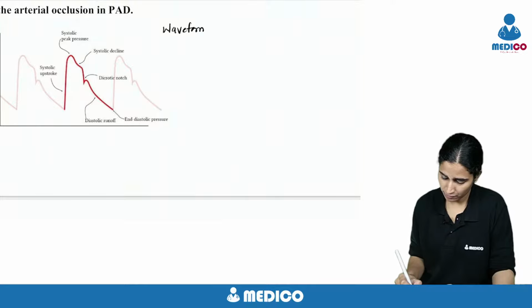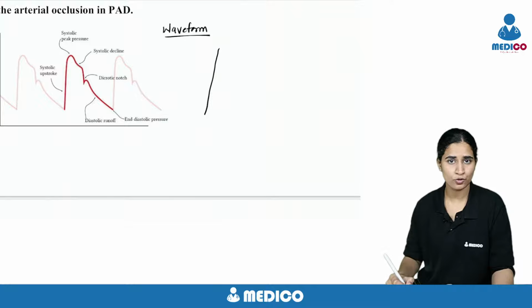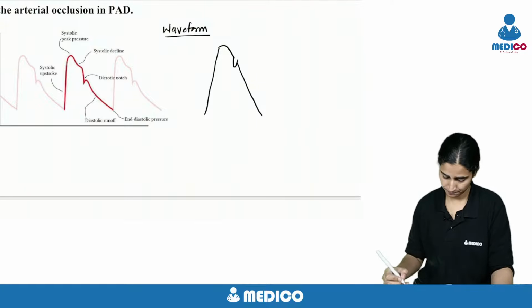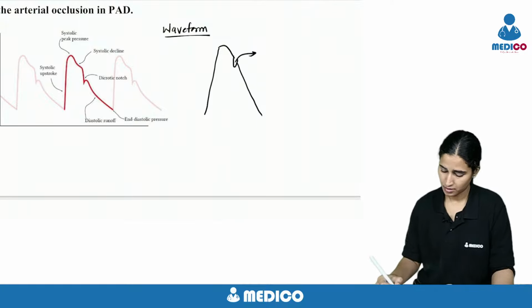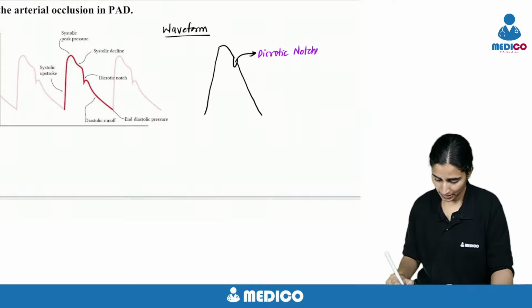This is a waveform of a normal pulse, in which you will have a systolic upstroke, systolic downstroke, diastolic downstroke and a diastolic notch. So this is a dicrotic notch in the pulse waveform and it's going to correlate with your S2.